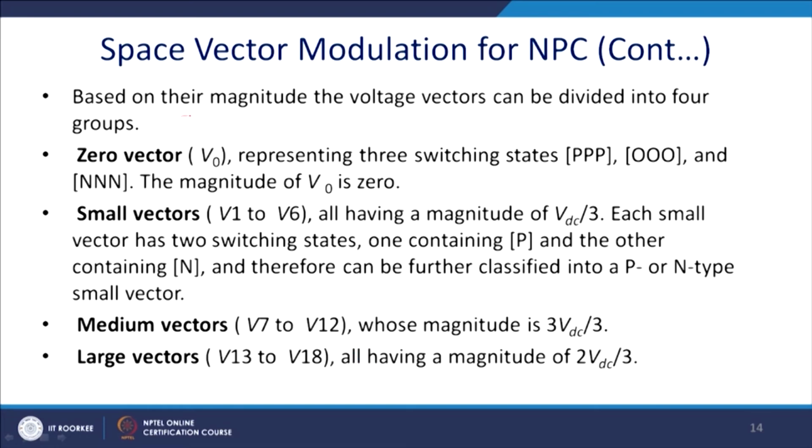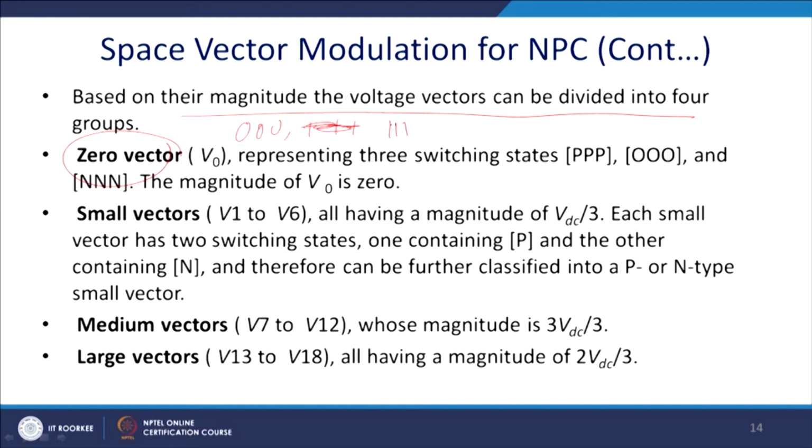Let us come to the grouping of these vectors. Based on the magnitude, the voltage vectors can be divided into 4 groups. One is the zero vector. You know that 0 0 0 or 1 1 1 are the null vectors.